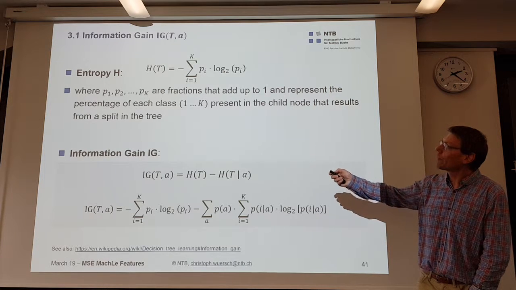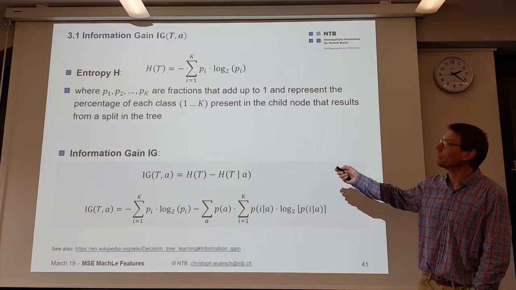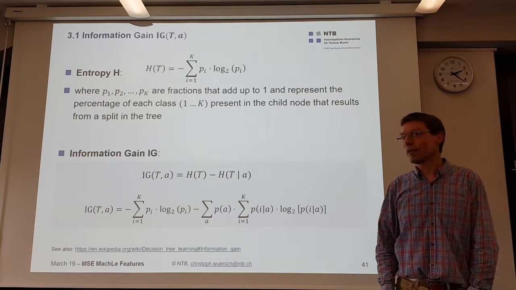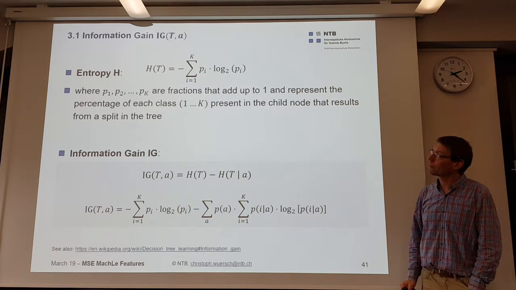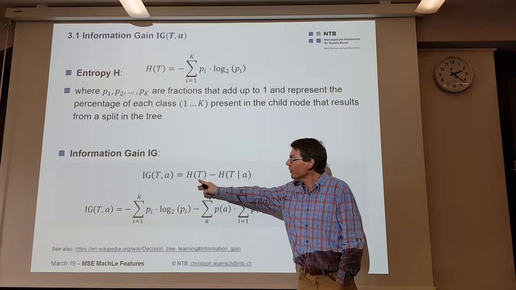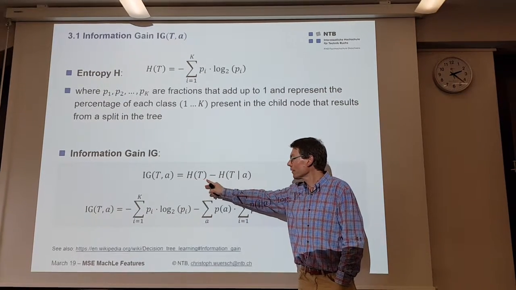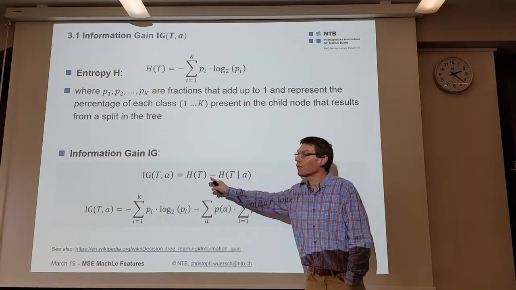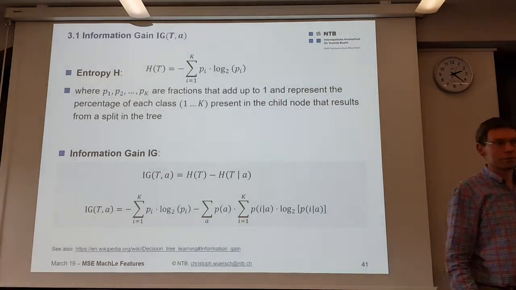The entropy is defined by the negative sum of p log p, here the logarithm of 2. It's an information measure. And the information gain is actually the change of the entropy at a given split, after and before that split, given, for example, that feature.